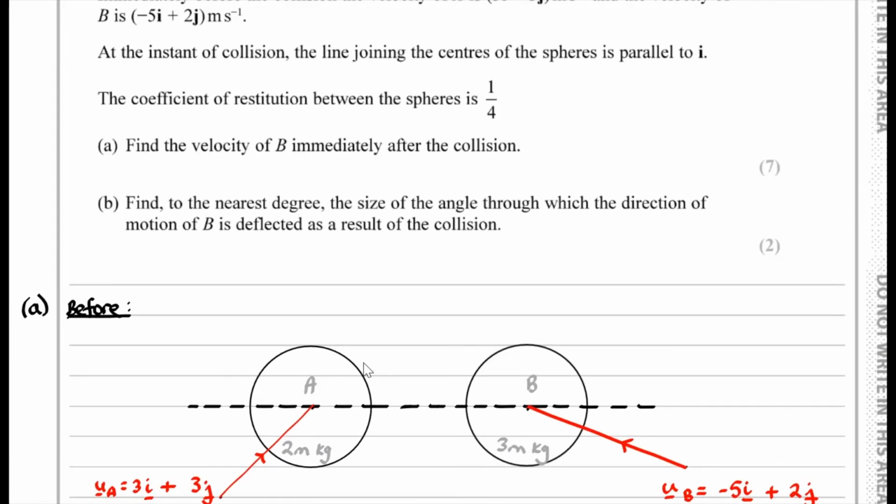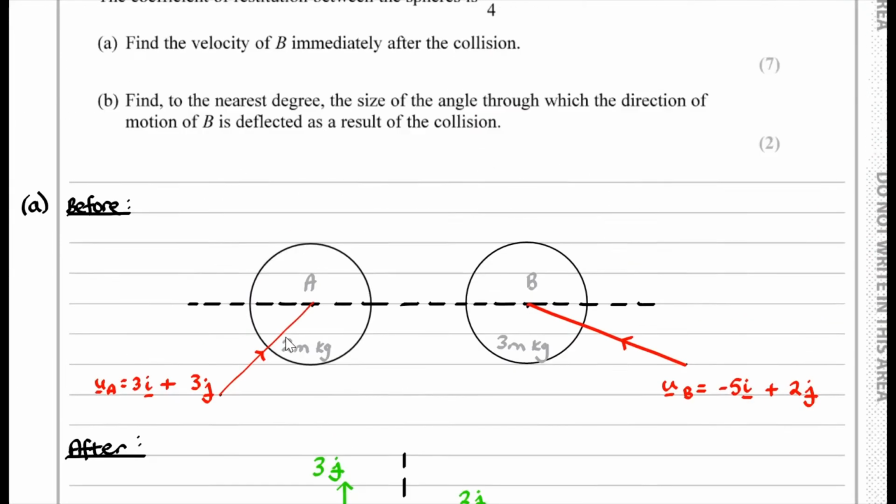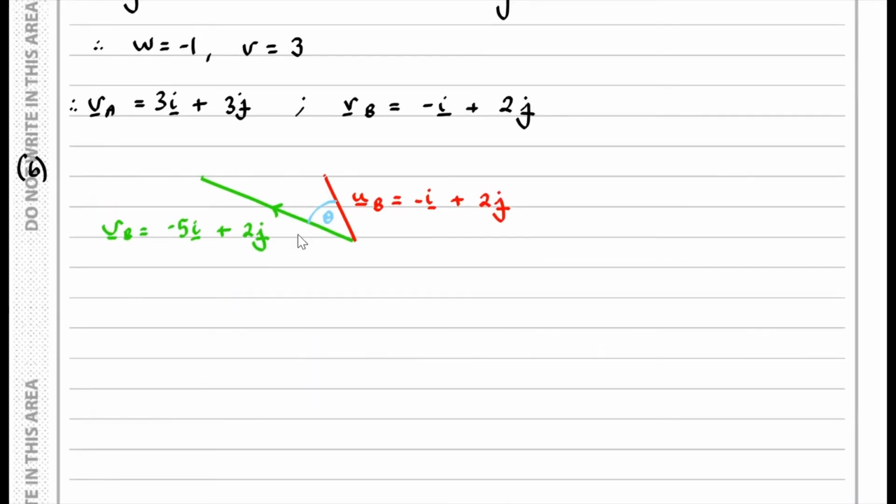And now for part b, we have to find to the nearest degree the size of the angle through which the direction of motion of B is deflected as a result of the collision. So if we work out that angle, I've drawn a quick diagram to illustrate what's going on. We need to find this angle theta, and we can do that by using cos theta equals a dot b over the magnitude of a times the magnitude of b.